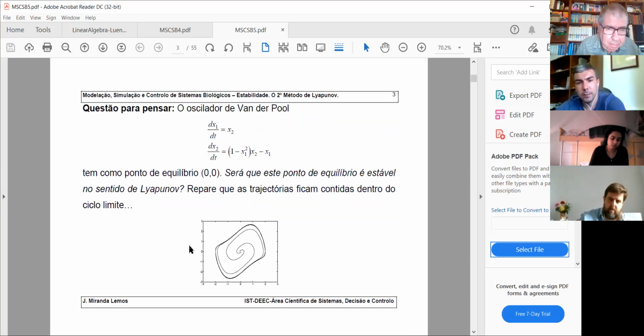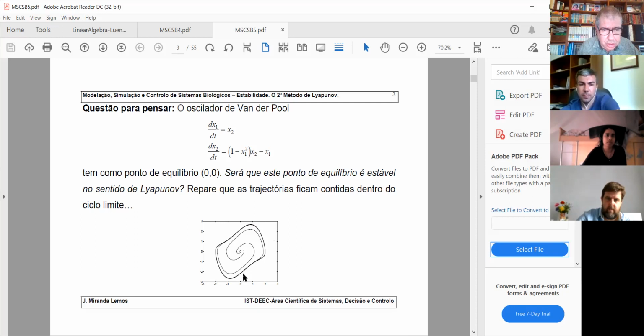Let me give you one example. Suppose that you have these equations. If you do a simulation, these equations, there is a periodic solution, you see. This axis is x1, and this other axis is x2. And you see that you have a periodic solution on this curve, on this funny curve.